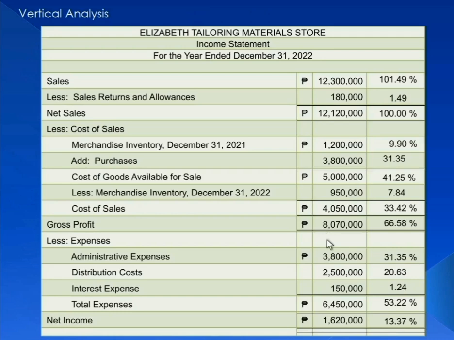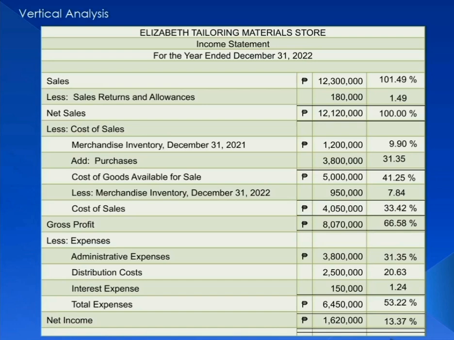The income statement of Elizabeth Tailoring Materials Store shows interest expense during the year of 150,000. How about the operating profit or earnings before interest expense and income tax? We have two ways to compute for that.